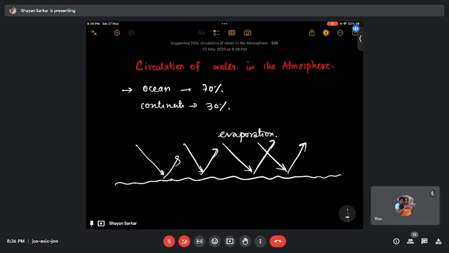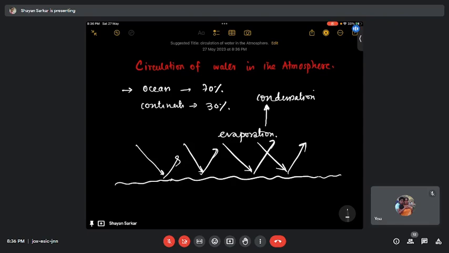and after evaporation these gaseous molecules are moving upward or moving to some cold area, and when they are moving upward or in a cold area, these water vapors are subjected to condensation, right?